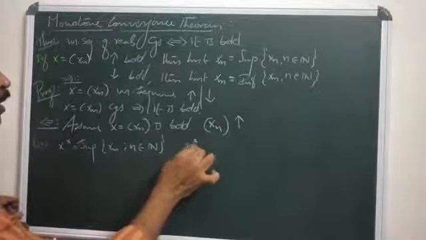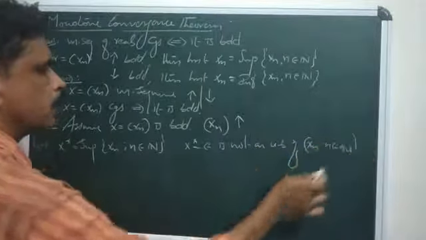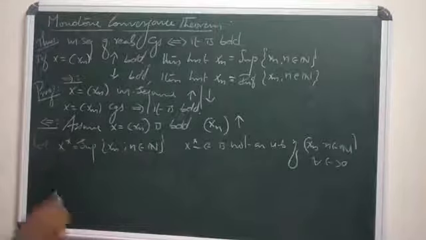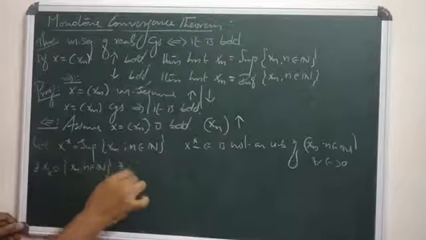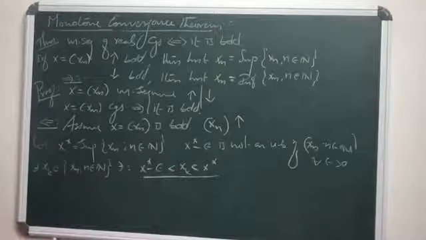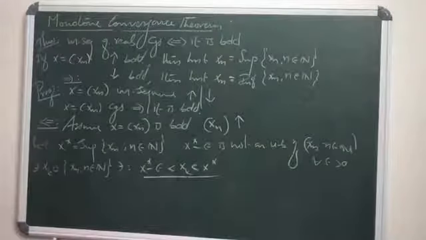Since x* is the supremum, we know by definition that x* minus epsilon is not an upper bound of the sequence xn for every epsilon greater than zero. Therefore there exists some xk in the sequence xn such that x* minus epsilon is less than xk, which is less than x*. This is a familiar argument. Since x* minus epsilon is not an upper bound, there exists xk in the sequence such that xk lies between x* minus epsilon and x*.